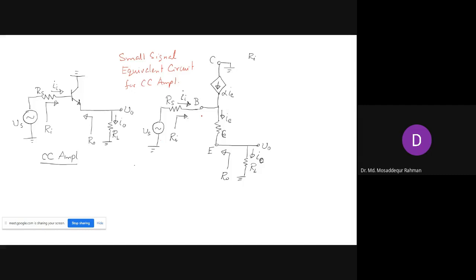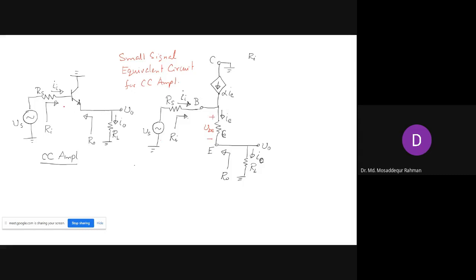Small signal means that when our input signal Vs is small, then we can use these models. These models are valid only when the signal is small. The main signal that we talk about here is the base to emitter voltage, VBE.